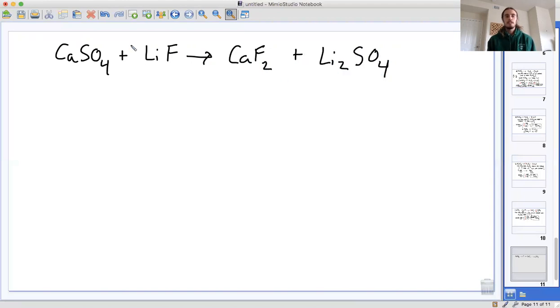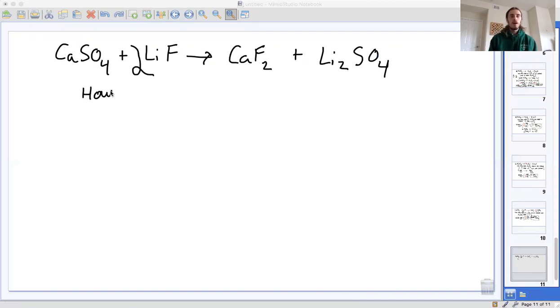And then we need 2 of these. And the next question, question 7, how many moles of calcium sulfate are needed to produce 3.97 moles of calcium fluoride?